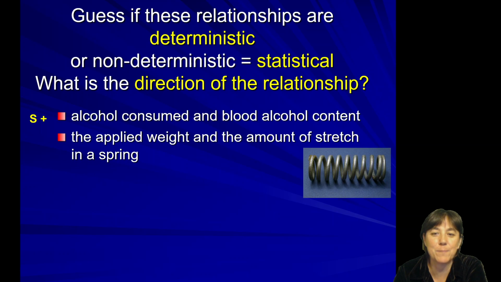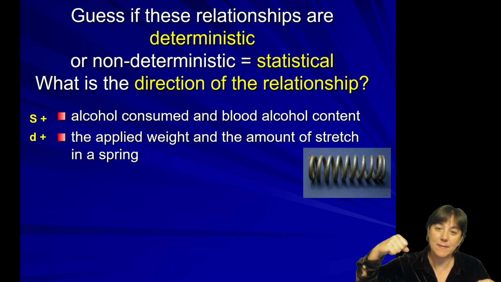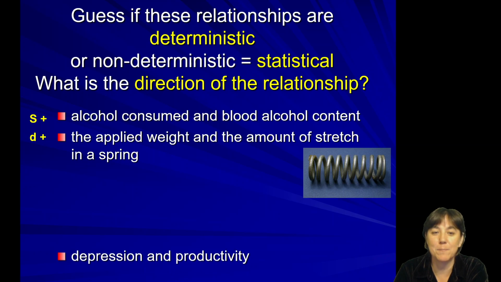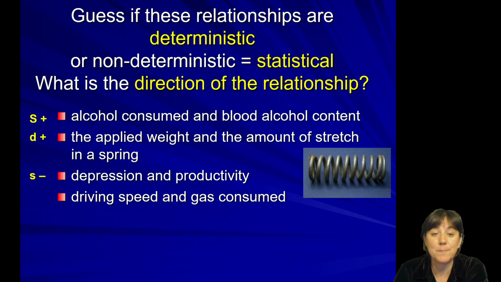How about this one? A typical deterministic relationship, and again positive. The more weight you apply, the bigger the amount of stretch will be. Depression and productivity is a typical negative but statistical relationship. The more depressed you are, the less productive you will be.